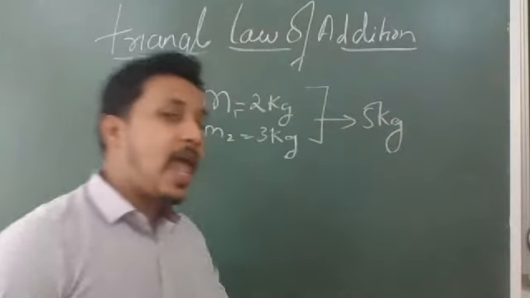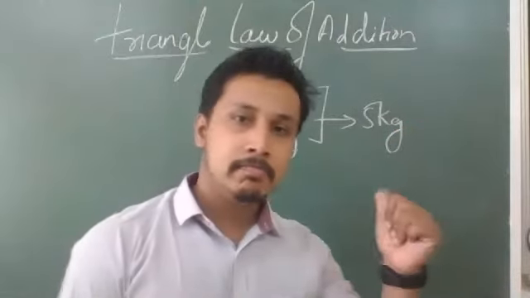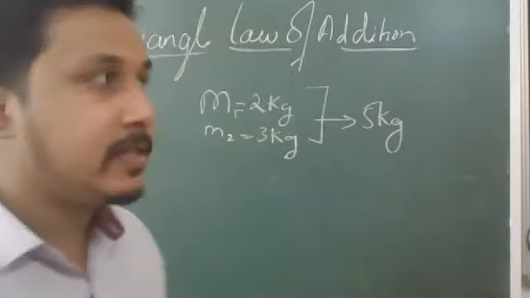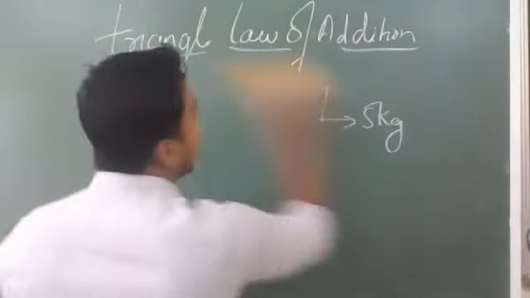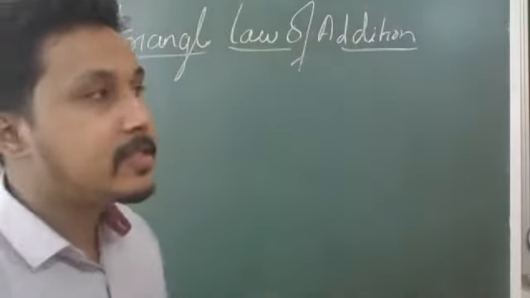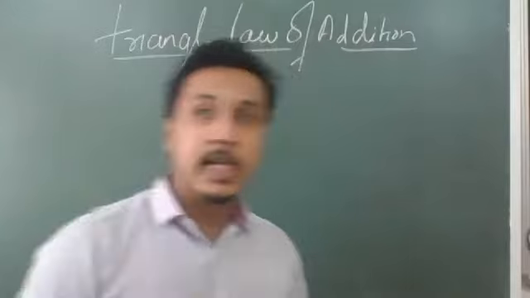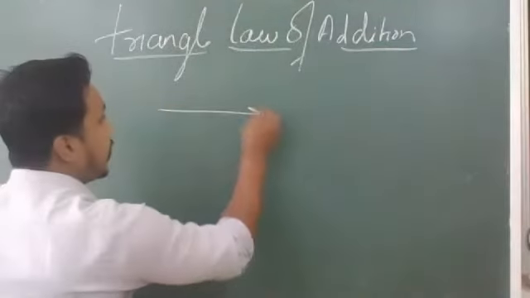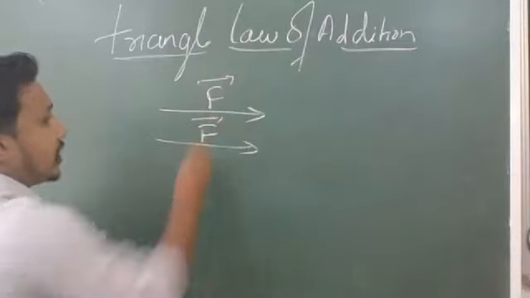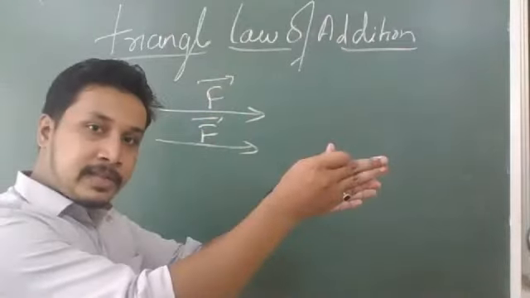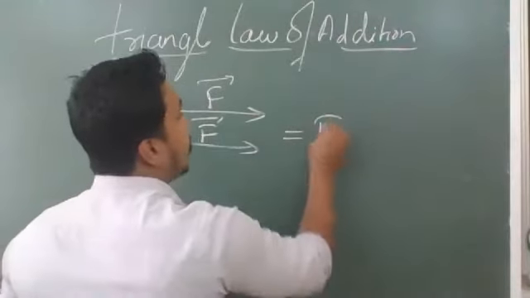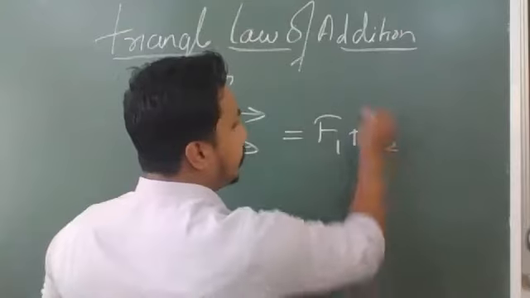But can we add vectors like this? Is it difficult? No, it's very easy, because physicists have made everything easy. For example, if I have two forces like this pointing in the same direction, then the total force will be F1 plus F2.